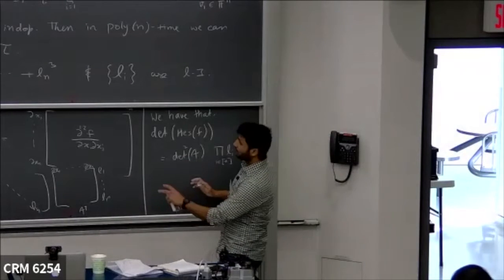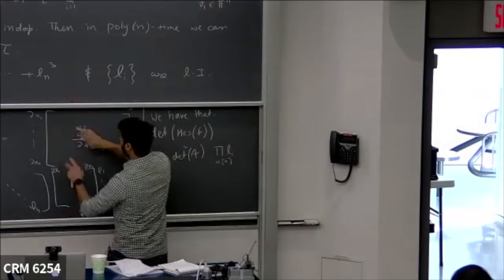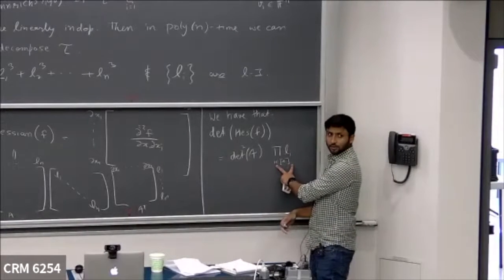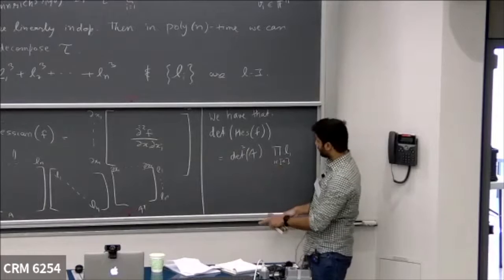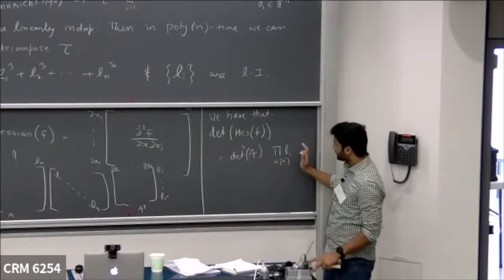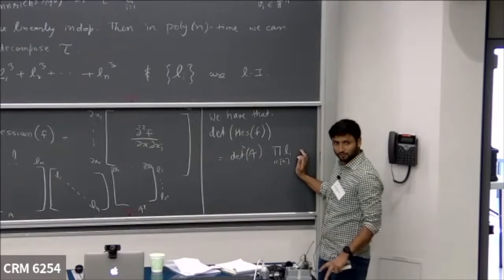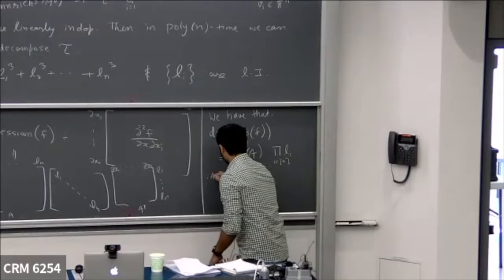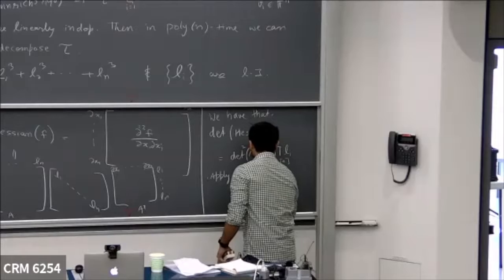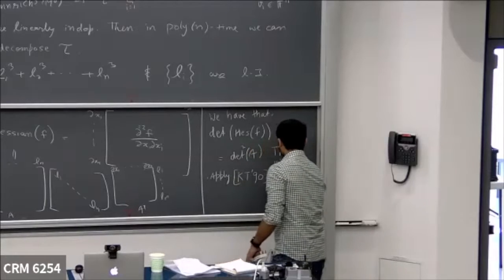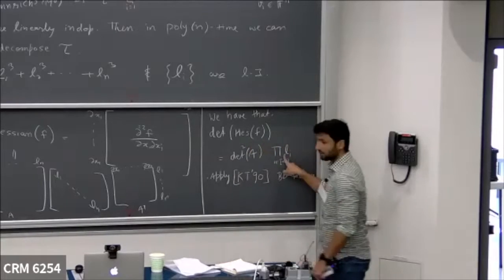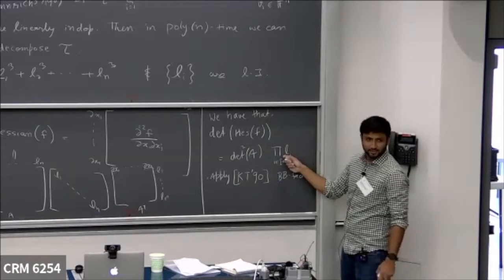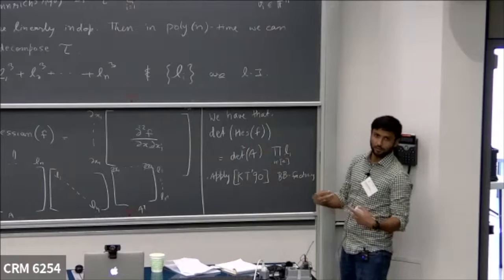So if we have black box access to all the entries, we'll have black box access to this product because we can compute the determinant on top of it. And we can just apply the black box factoring algorithm of Kaltofen and Trager. So apply Kaltofen-Trager black box factoring to get black box access to each irreducible factor, and these are just linear forms, so you can learn them.